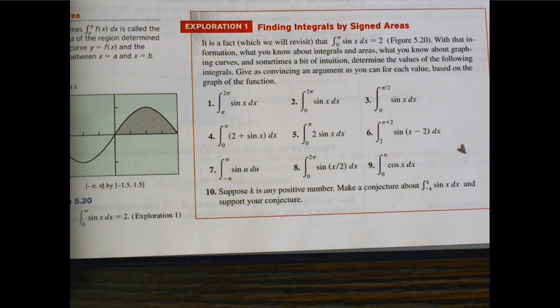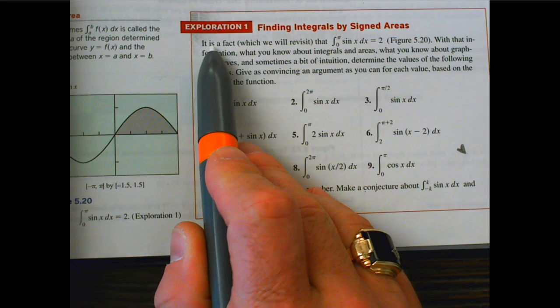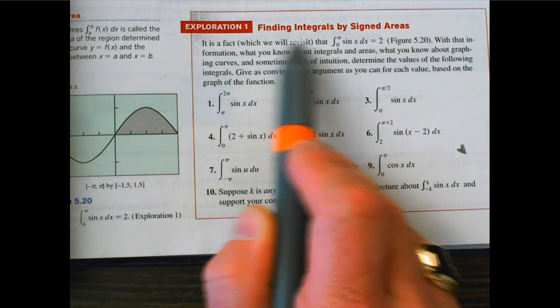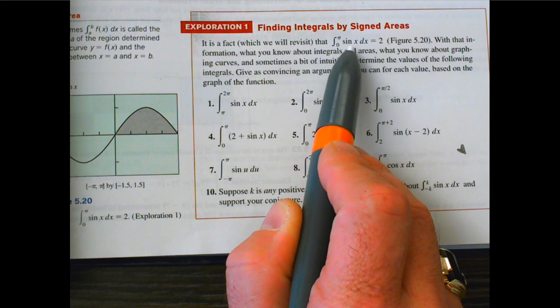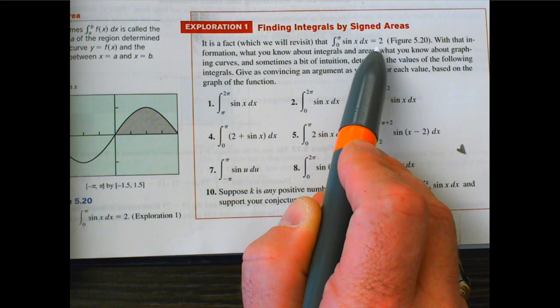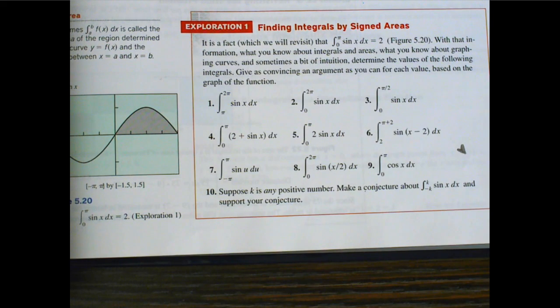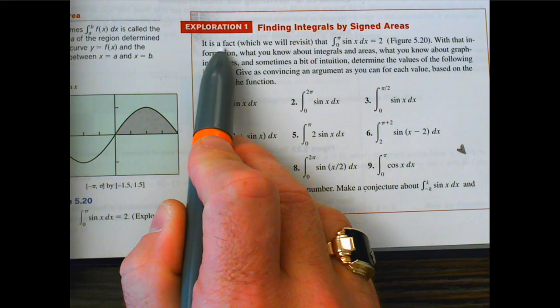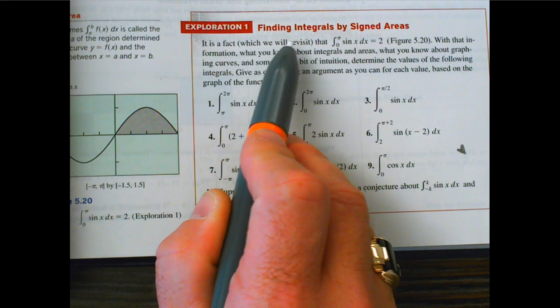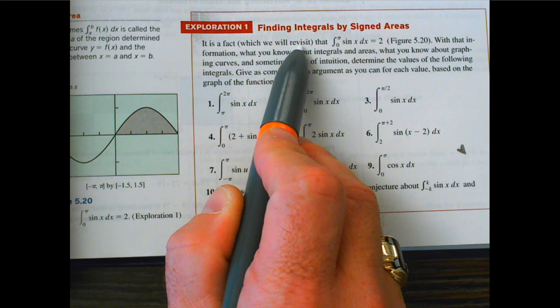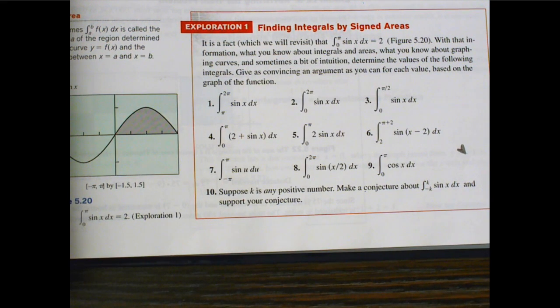In order to be able to do any of this, you need to read this first sentence that says, it is a fact that the integral from 0 to pi of sine of x dx is equal to 2. How do I know that? Because the book says it is a fact. We'll come back to it later, and we will show you why the integral from 0 to pi of sine of x dx is equal to 2. But right now, just take that for granted.